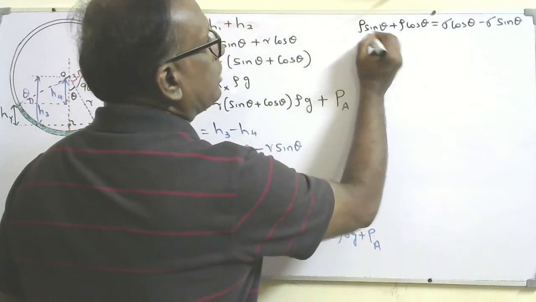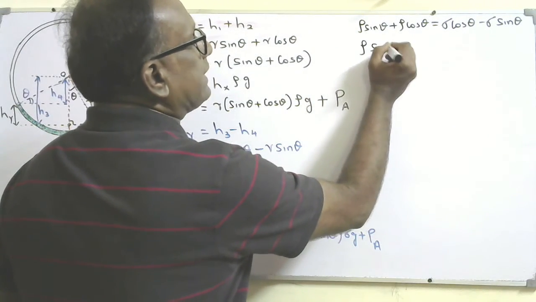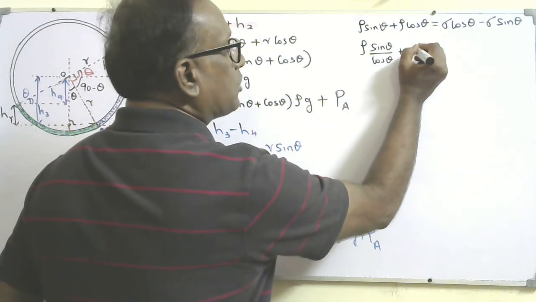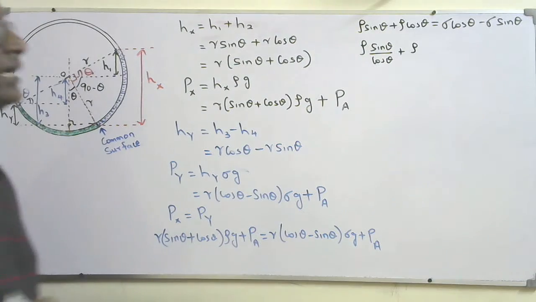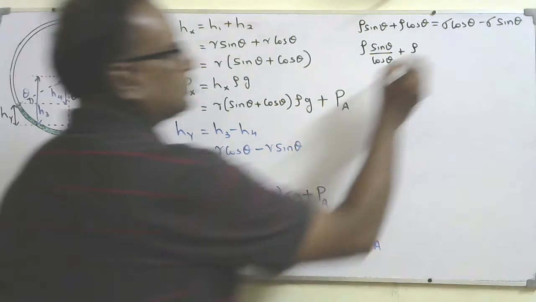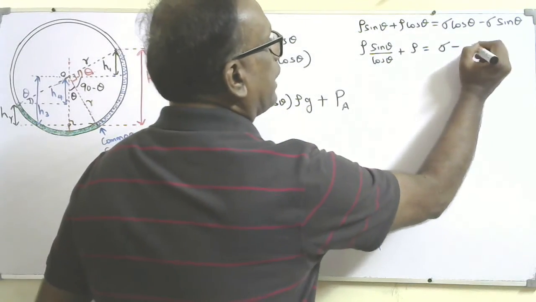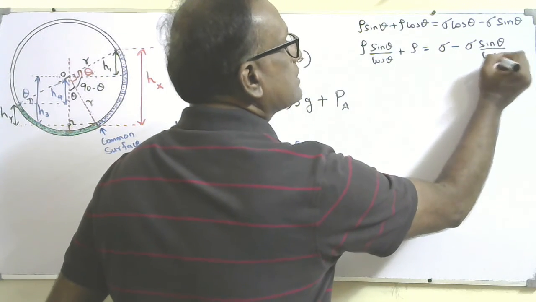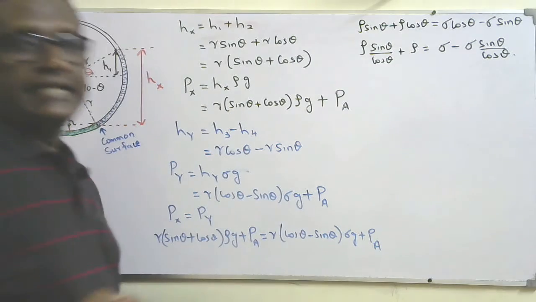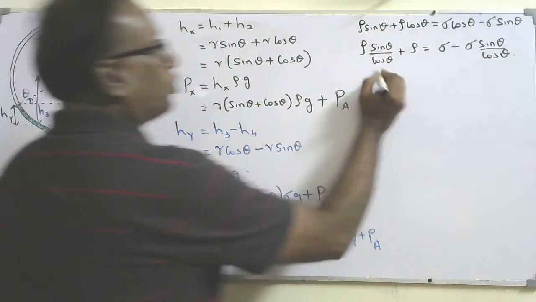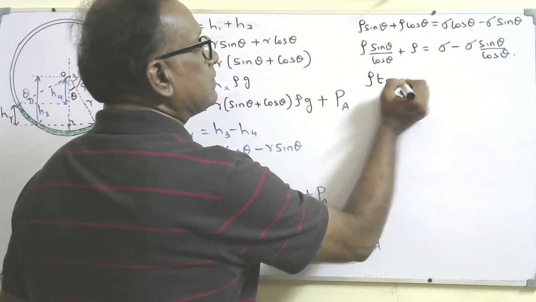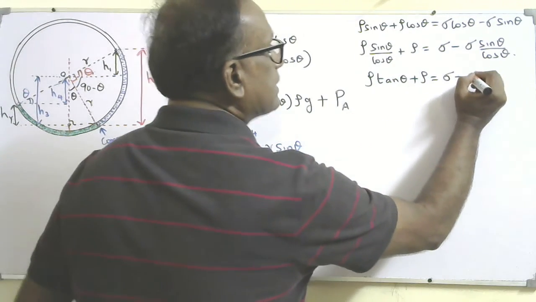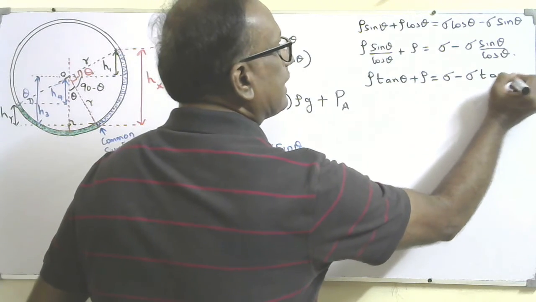So rho sin theta divided by cos theta plus rho equals sigma minus sigma sin theta over cos theta. We know that sin theta over cos theta equals tan theta. So rho tan theta plus rho equals sigma minus sigma tan theta.